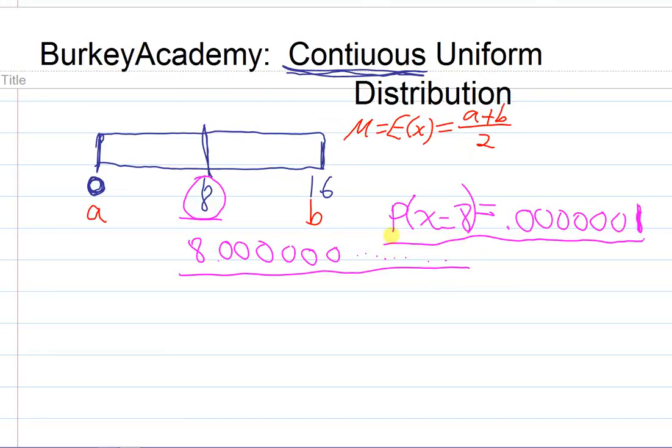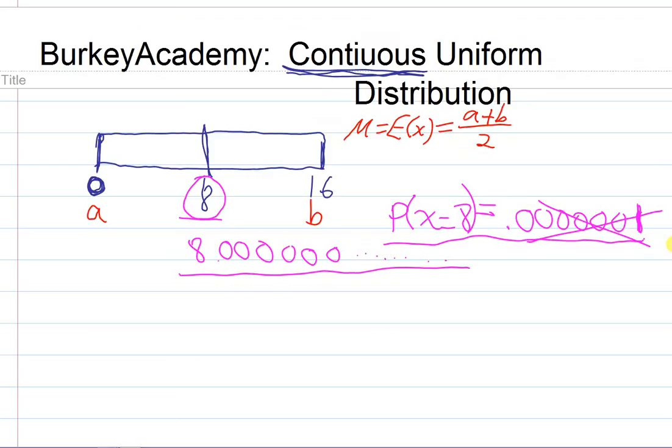0.000001, then all we would have to do is add up 10 million of those possibilities, and it would be easy to come up with 10 million of them, just say between 0 and 0.1. We're going to start violating some probability laws when we do that. So we can't assume that there's any probability of one particular number.